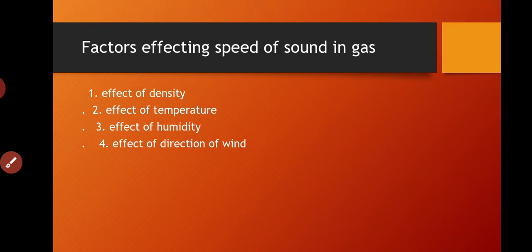Now, what are the factors affecting the speed of sound in gas? I have already explained that if the density of the medium increases, then the speed increases. But in gas, it is entirely different. In case of gas, if the density of gas is increasing, then the speed of sound in that particular gas will decrease.